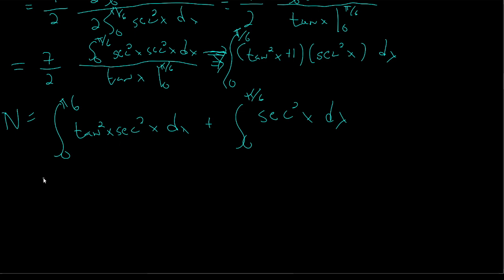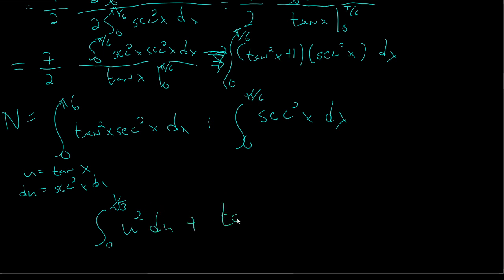Alright, if we let u equal tangent of x, then du is secant squared of x dx. And the first integral becomes, well, tangent of 0 is 0, and tangent of pi over 6 is 1 over root 3. So this becomes u squared du. And this was our friend the tangent again, 0 to pi over 6.